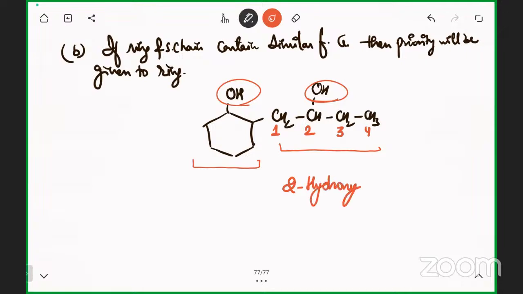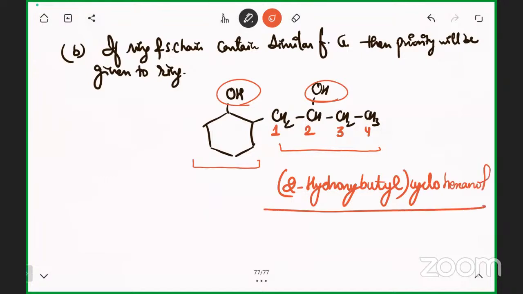Then 4 carbon is present, so it will be but. Since it is a side chain, you'll use butyl. You'll put this in parenthesis. Cyclic ring is present, so cyclo. And when OH group is present, we call it ol. And 6 carbon, so cyclohexanol.